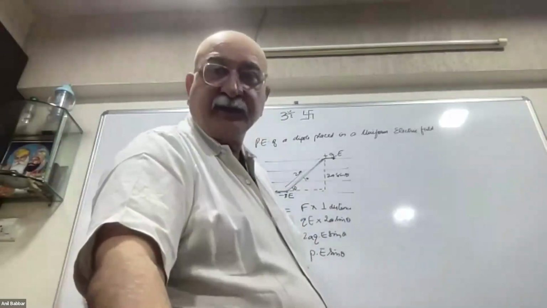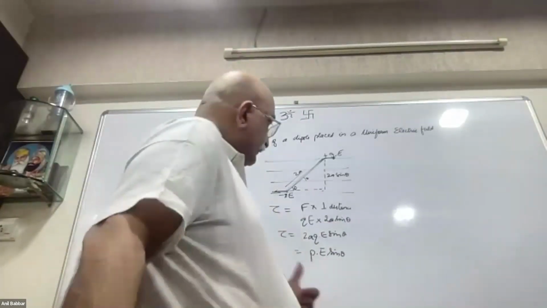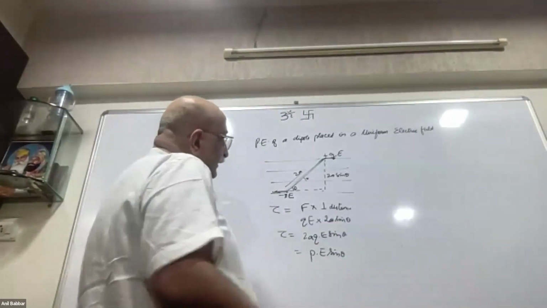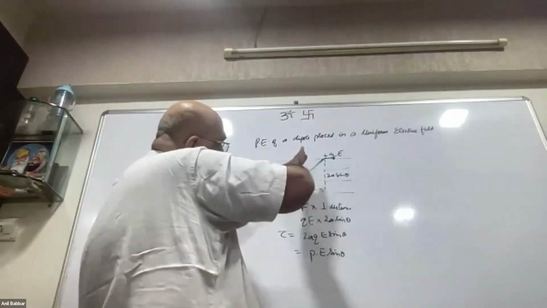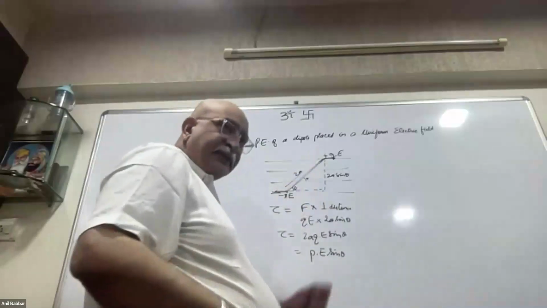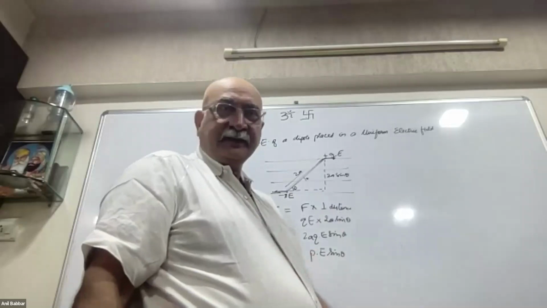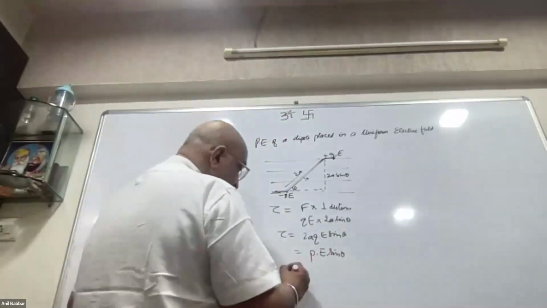And how much is the work done? So we need to find the work done. Let the dipole rotate through a very small angle, say d theta. A small amount of work dW is done on it.